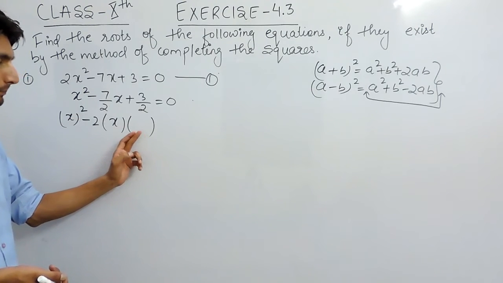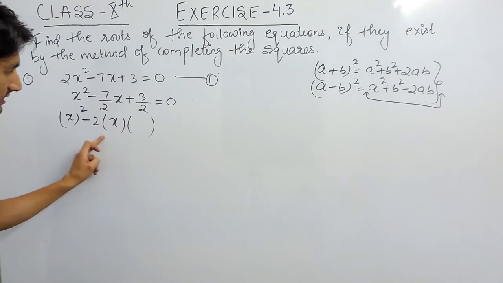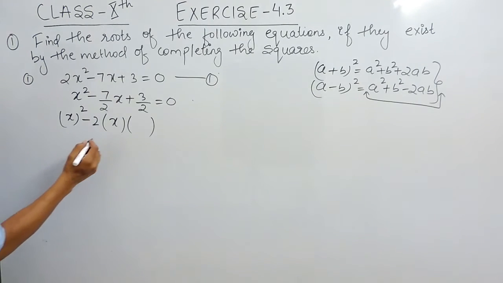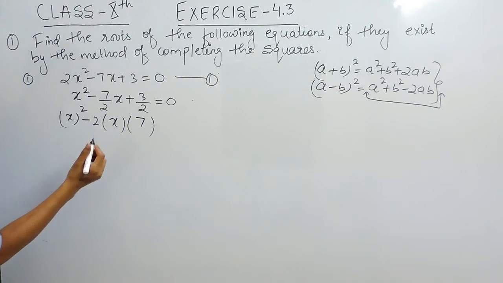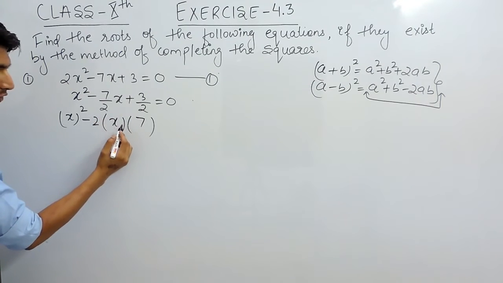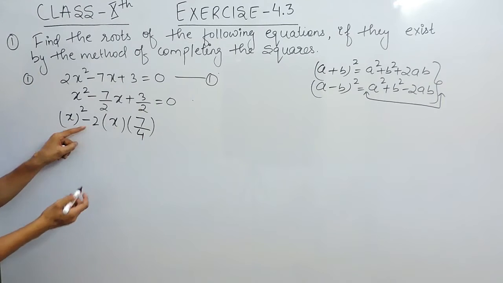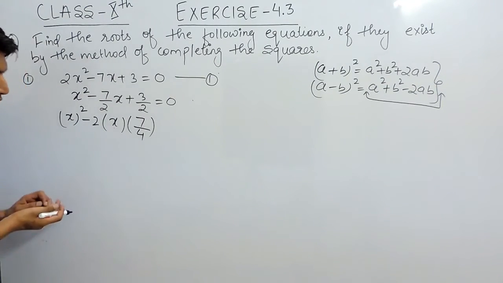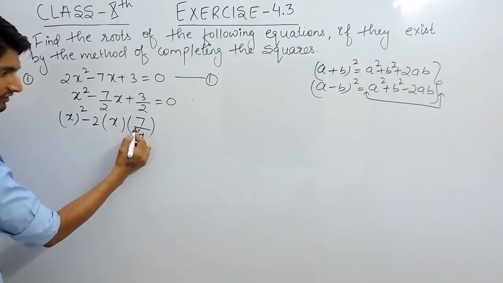The value of b should be such that when you solve this term the result is 7 by 2 x. x is already here, we need a 7, so that 7 multiplied by x is 7x. Upon that we need 2, and here is already 2, so in the denominator we must have 4, so that this 2 can be cancelled by 4 by 2 times. So the result will become 7x by 2, and our b should be 7 by 4.